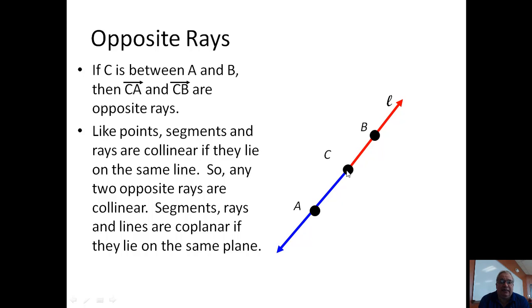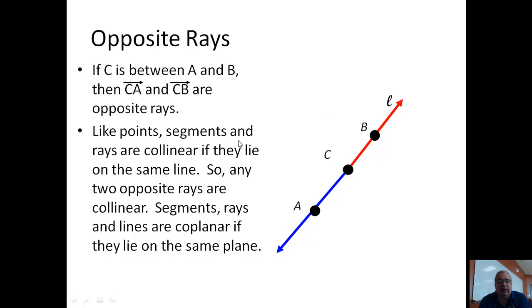So this is ray CA, and this one, the red one, starts at C and goes through B. So ray CB. The important thing to remember about opposite rays is that they make up a line. So two opposite rays are a full line, but there are two rays going in opposite directions. So they are ray CA and ray CB. They make up the same one line L.